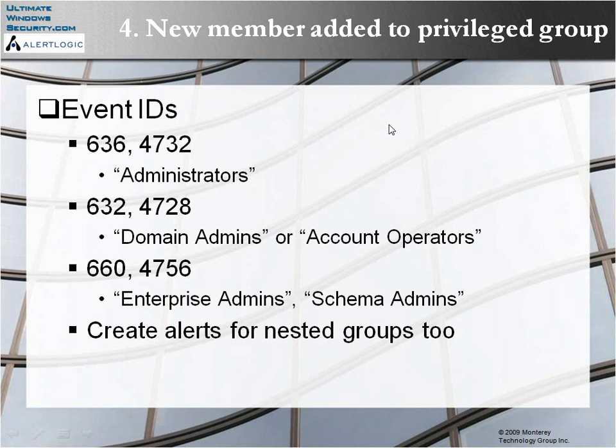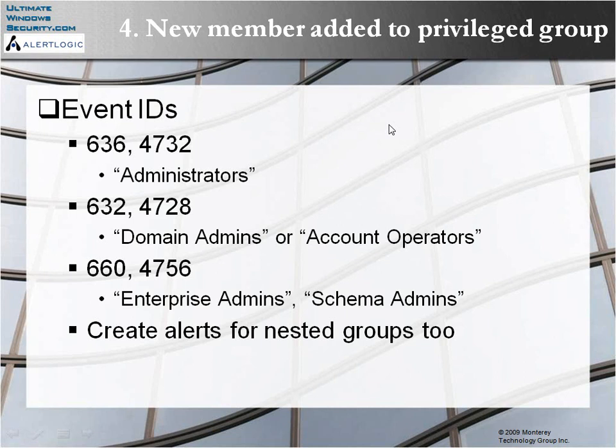The rules that you'll see here will generate alerts whenever somebody's added to the administrators group, either in Active Directory or on a local member server. You just look for 636 or 4732 with the word administrators in the text of the event. And the same for those other events for domain admins, enterprise admins, and so on.